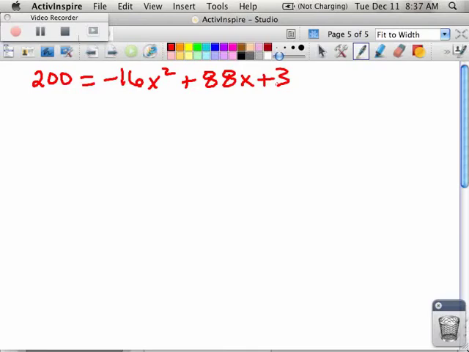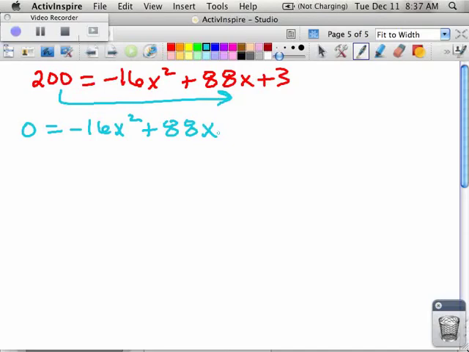In order to use the quadratic formula, you have to have it equal to 0. So as I start to solve this, I move the 200 to the right-hand side, and when I do that, I'm subtracting off 200, so now I have nothing on the left. I still have the negative 16x squared, the 88x. But now I have 3 minus 200, which is negative 197.